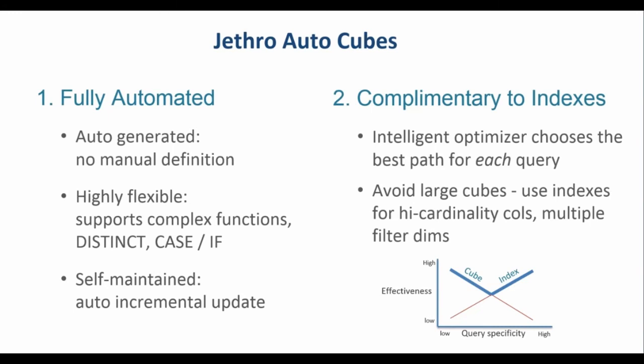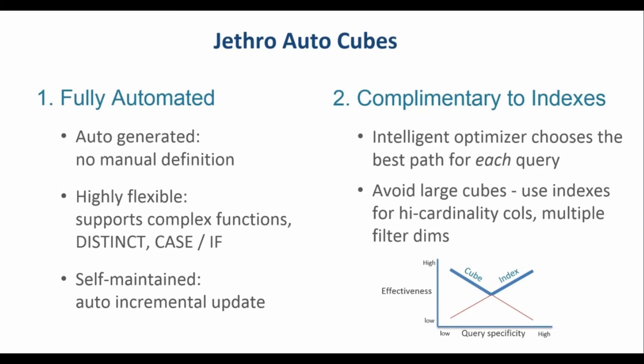The second important thing to know is that cubes are complementary to indexes. Cubes are a great solution, but they also have a dark side. If the cubes get too big, they become unusable and inefficient. And so solutions that are based on cubes only will have very big difficulty to handle complex scenarios with high cardinality columns or with dashboards that have a large number of dimensions.